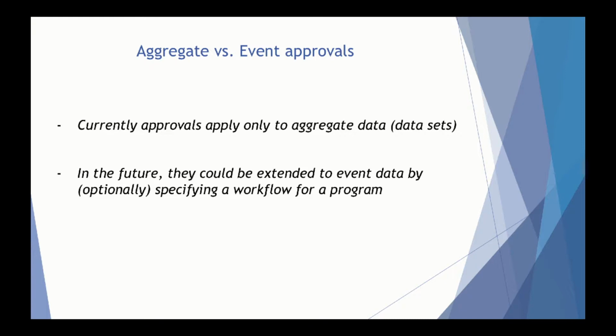So currently we're just doing approval for aggregate data. And it used to be that we would do approval per data set. And then what we found out with implementations like PEPFAR, they ended up with about 12 different data sets that were all part of their basic workflow for monitoring, evaluation, and reporting, MER. And so to save approvals and to save space in the database for all this, we allow data sets to be grouped.